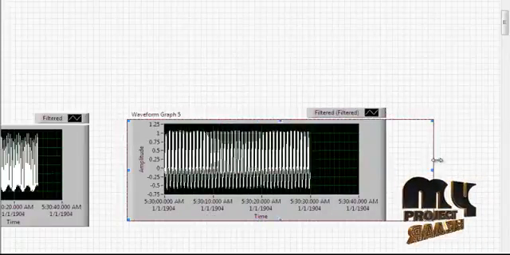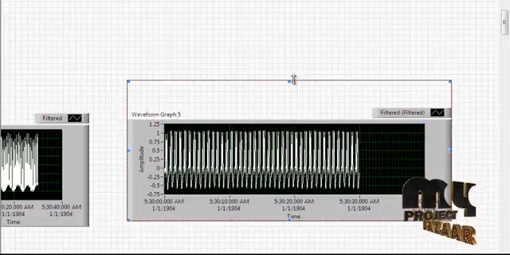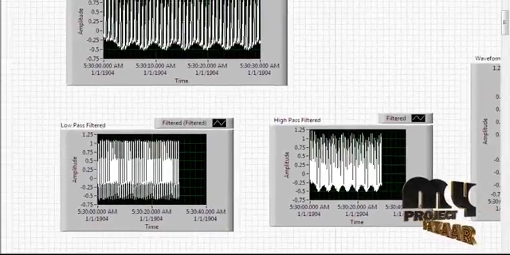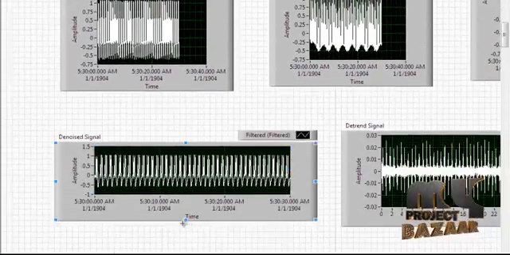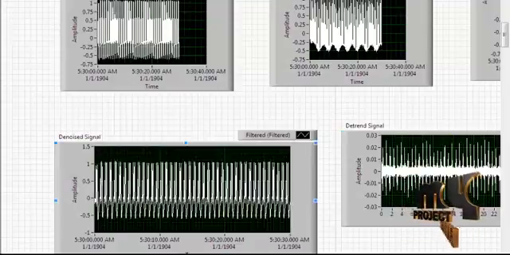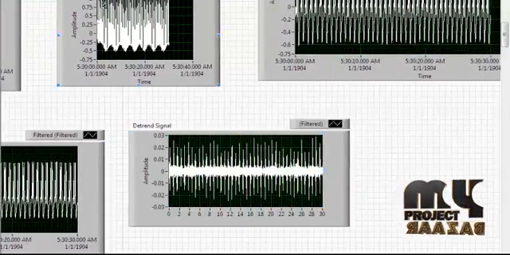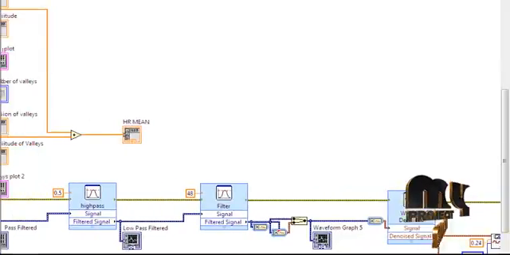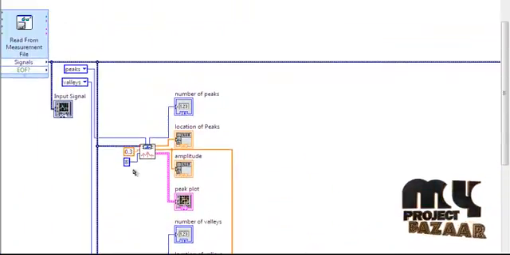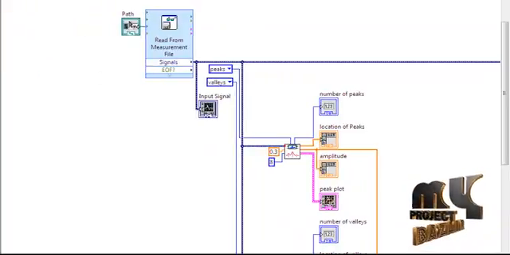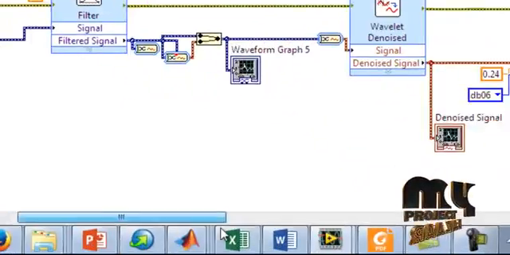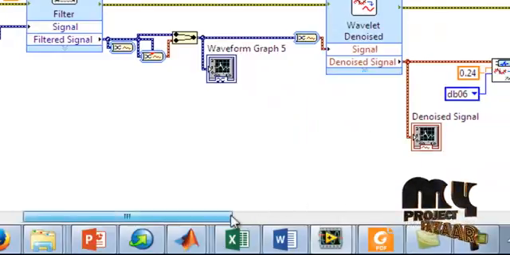This is the filtered noise for the ECG signals, and then we are using the denoised signals. This is the denoised signal, and then the detrended signal. These are also functions. We are using the input signals, the path signals, and the rate signals, and then the low pass filters and high pass filters, wavelet denoise, and multi-trend.